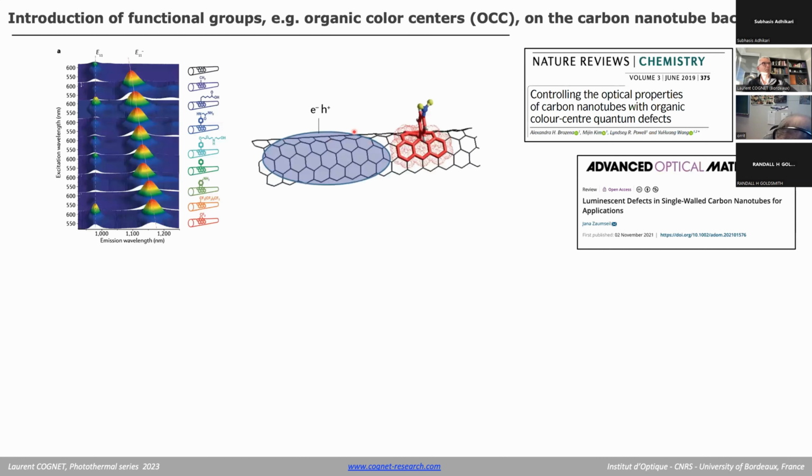People call them defects on carbon nanotubes, and they create new excitonic centers where you can have local luminescence at these defects, and so it triggered a whole new set of possibilities in the field of carbon nanotubes. I would not compare that totally with NV centers in diamonds, but it's a little bit the idea that you introduce some color centers onto carbon nanotubes.